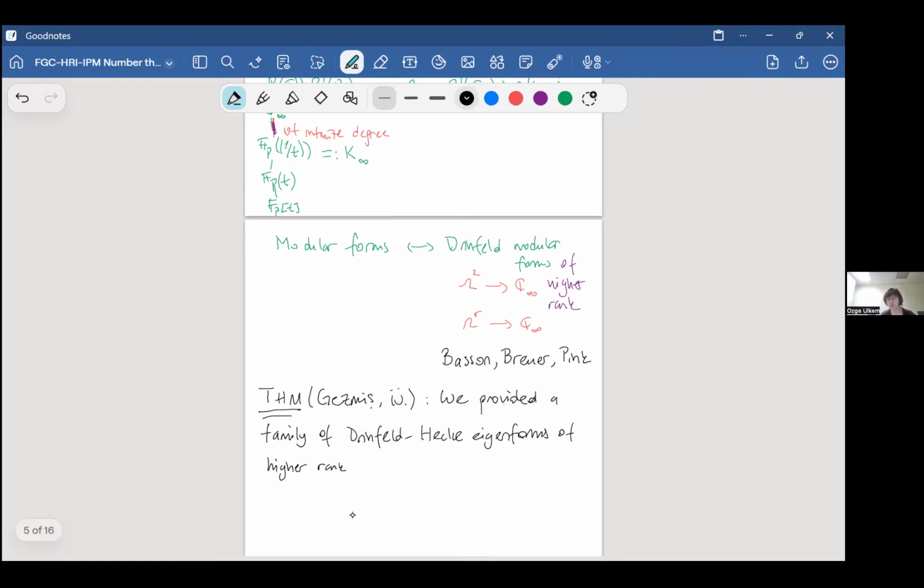And we used some determinants of twisted Eisenstein series and vectorial modular forms, which were defined by Pellarin, but also Pellarin and Perkins.